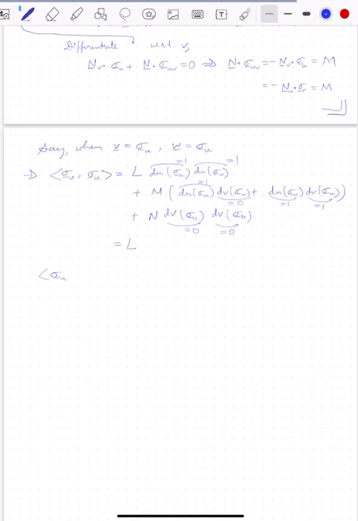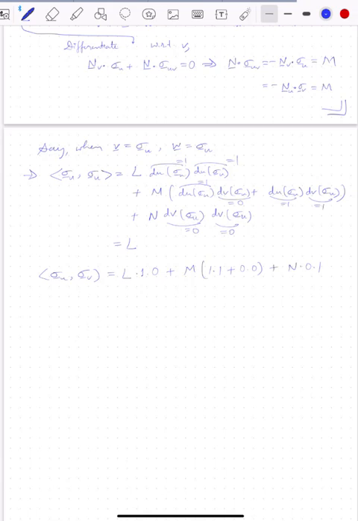So all we are left with is L. Similarly, if we carry on this exercise for sigma u and sigma v, and just write the final expression: du of sigma u is 1, and du of sigma v is 0, plus m, du of sigma u is 1, dv of sigma v is 1, plus du of sigma v in the opposite fashion is 0, and dv of sigma u is 0, plus n, and dv of sigma v is just 1.